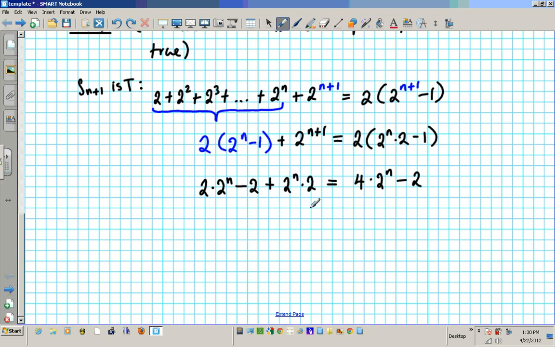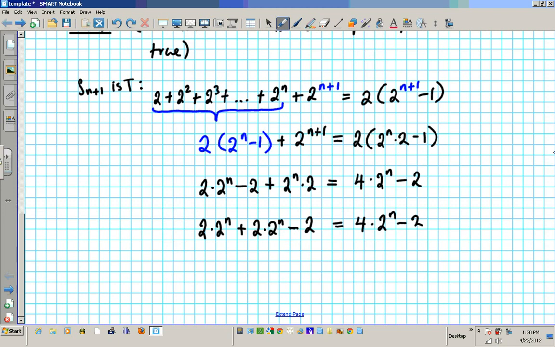Alright, now let's take a look at this side right here. I can write this as 2 times 2 to the n, and I move this to the front, collect like terms, 2 times 2 to the n. Because these two are a product, right, and multiplication commutes, so I can switch this order around. Minus 2 equals 4 times 2 to the n minus 2.